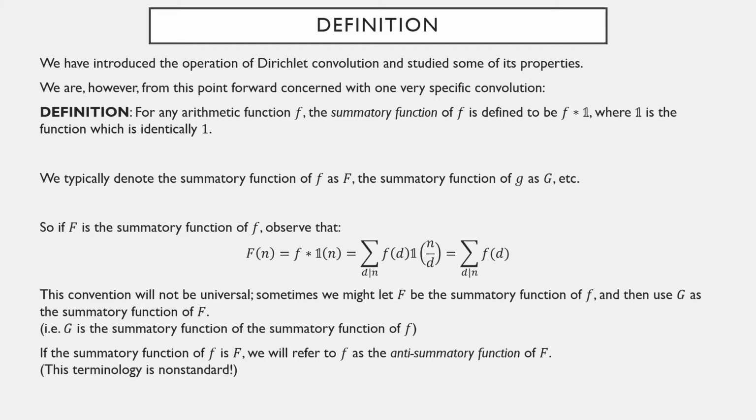As far as I'm aware, there's not a standard way to refer to one function as the function whose summatory function is the other one. So I call it the anti-summatory function.